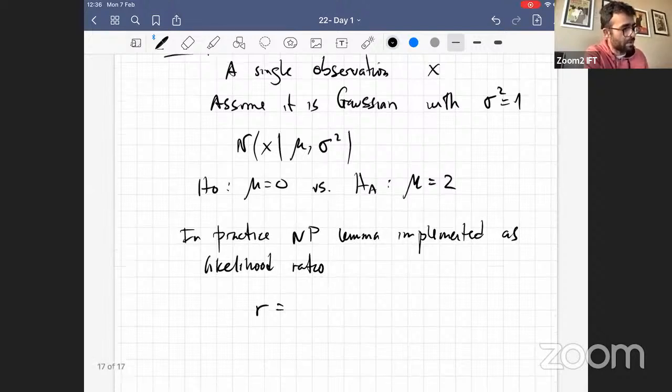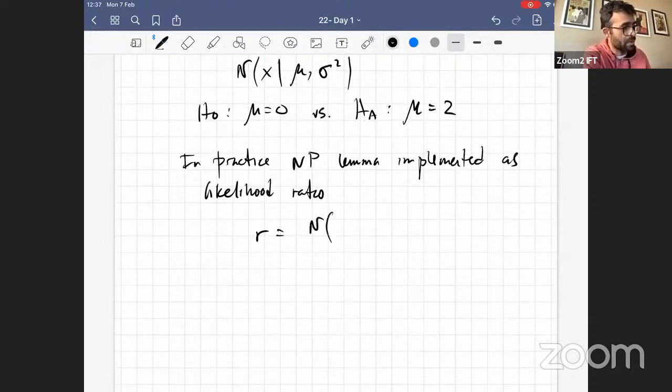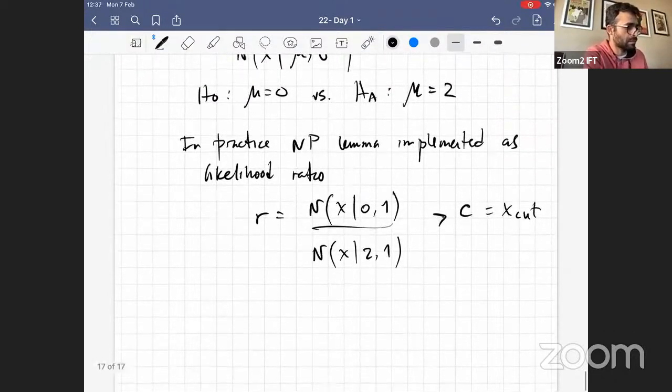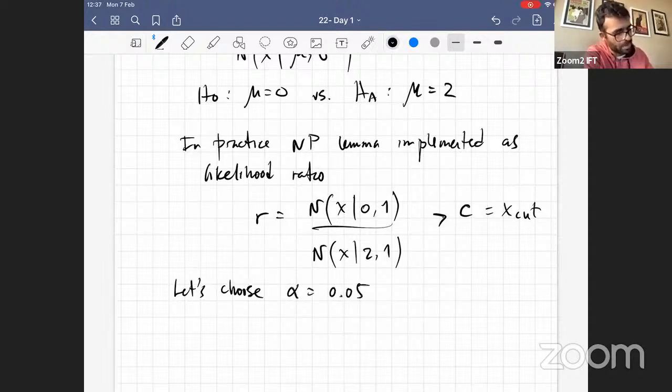So let me just write this likelihood ratio like R. This is the likelihood of the null hypothesis, 0.1, divided by the likelihood of the alternative hypothesis, 2.1. And this should be larger than C, or let me call it X cut. So let's choose alpha equal, I don't know, 0.05.